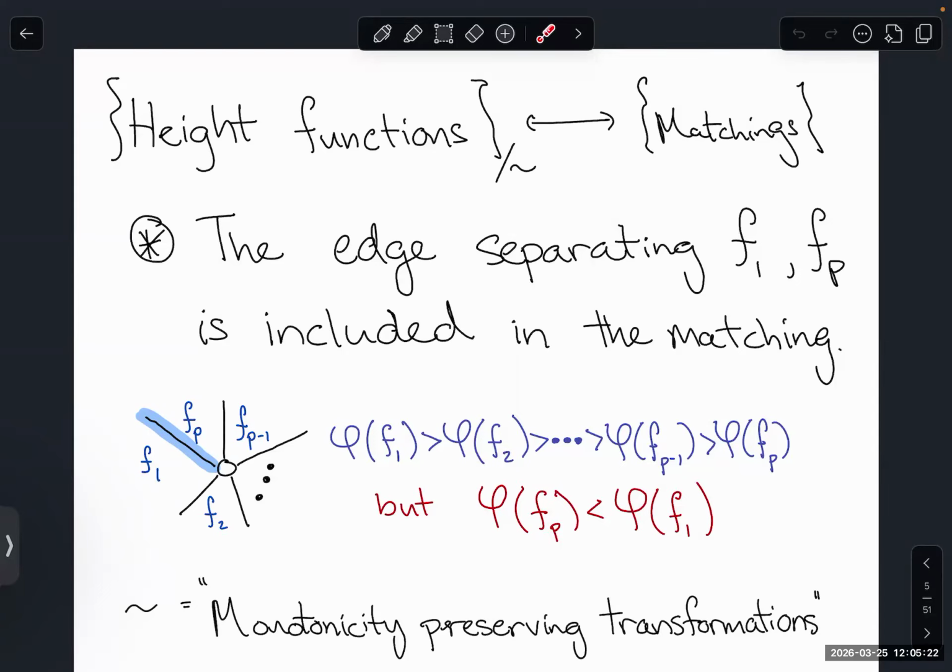So as we traverse our faces counterclockwise about our white vertices, we include the edge exactly between the two faces where that monotonicity breaks. And so our set of height functions, up to what I'll call monotonicity preserving transformations, are in bijection with matchings.